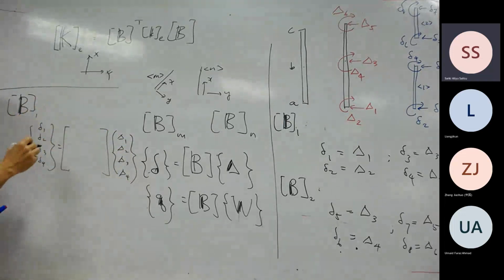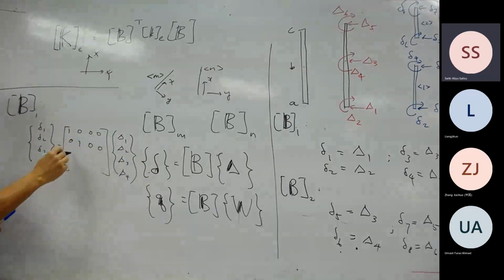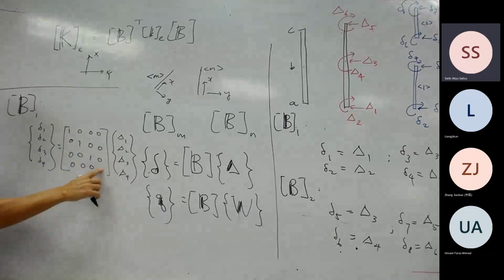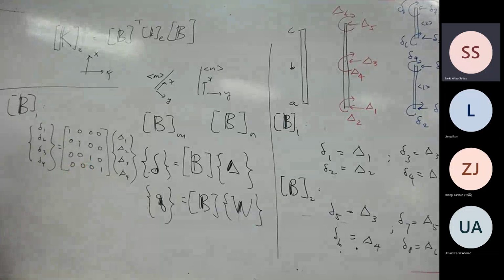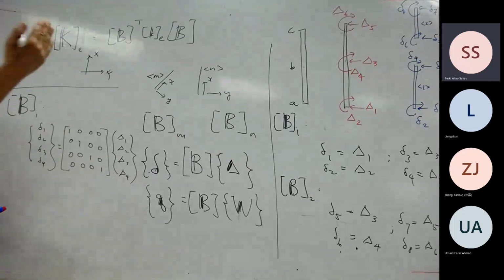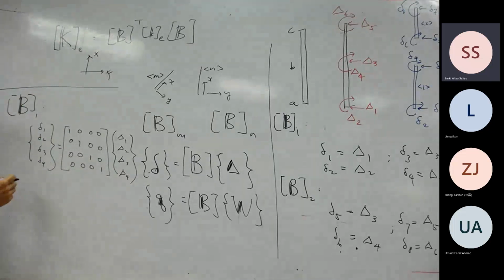So in this case, it is just the identity matrix. This example is because all the members are oriented in the same direction and coincide with the global x-axis, so it becomes like this.